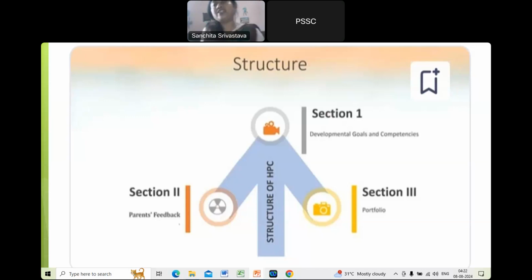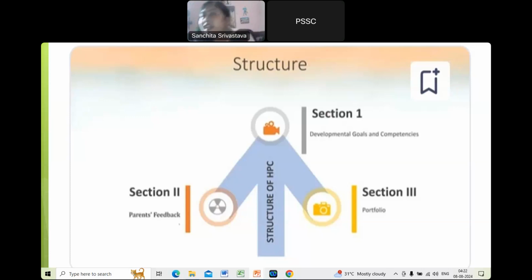And section 3 is the portfolio. See here, in section 1, you have targeted the goal, whatever competency you have worked on. Second is during the PTM, the feedback is also there. And finally, section 3 comes for portfolio.